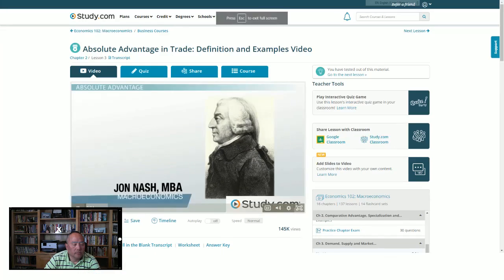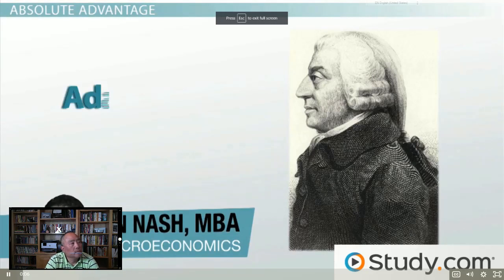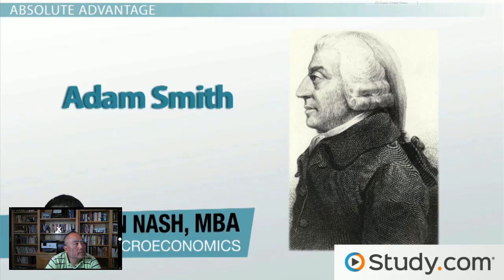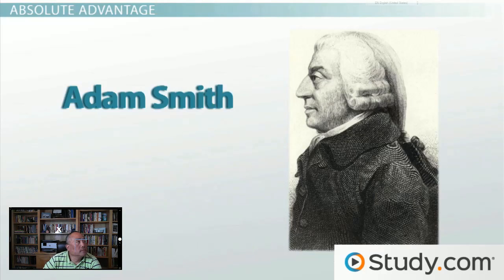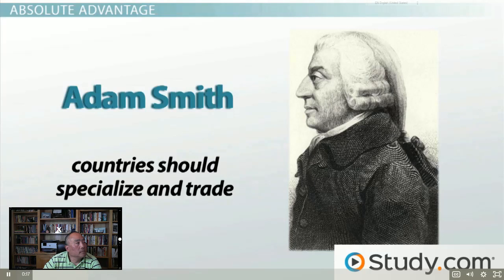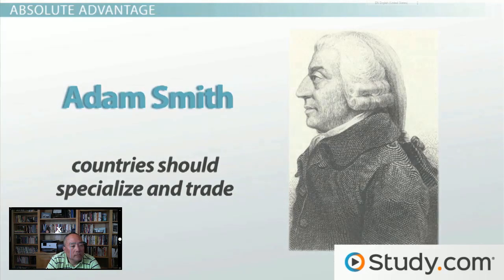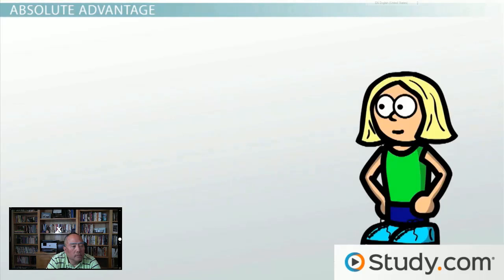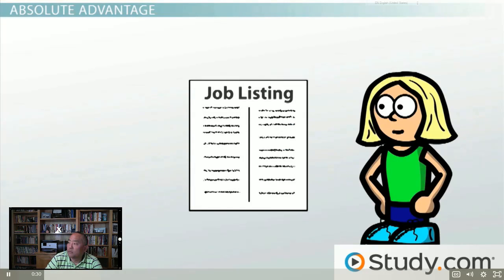In the 1700s, famous economist Adam Smith taught us that countries should find out what they can produce more efficiently, which really means cheaper, better, faster, and then specialize in what they do best, trading with other countries who are also doing what they're best at. For example, let's say you're entering the job market and you're evaluating your options for a career.